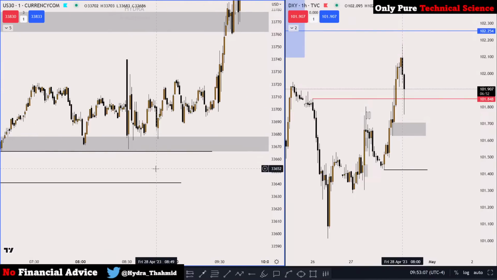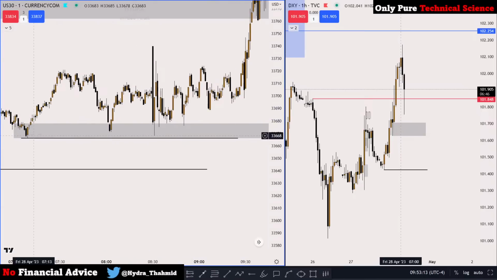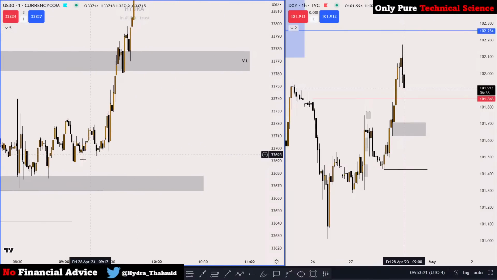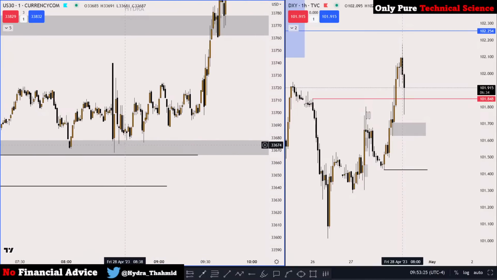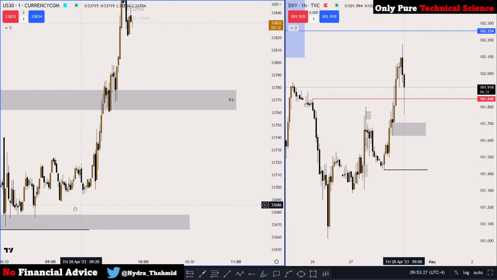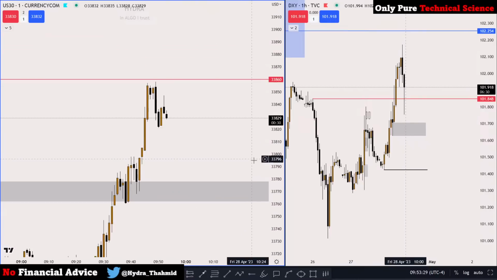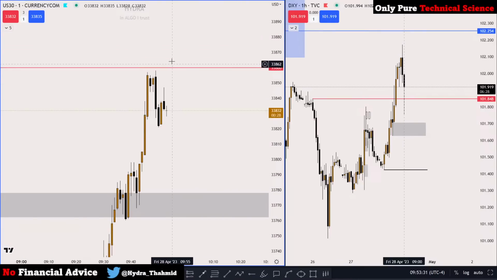The way I trade, folks, I wanna see equal lows getting taken out before I execute in a trade. And what do you see here? Did price take this equal low here? No, it generated more equal lows. So not me who's gonna push a button. I'm not a retail. I'm not gonna buy from here. It's for retails. You wanna be a retail, go ahead, do it. Nothing stopping you. So I wanna see this equal high getting taken out.